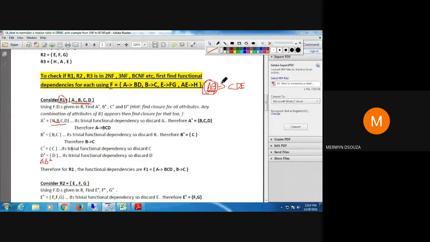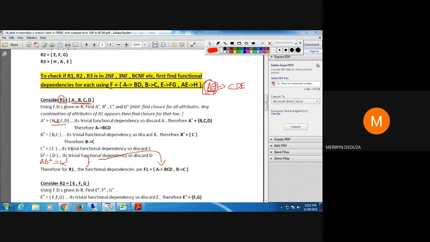Then whatever closure you find, you discard the trivial part, and then you would consider that in F1. Please keep that in mind.